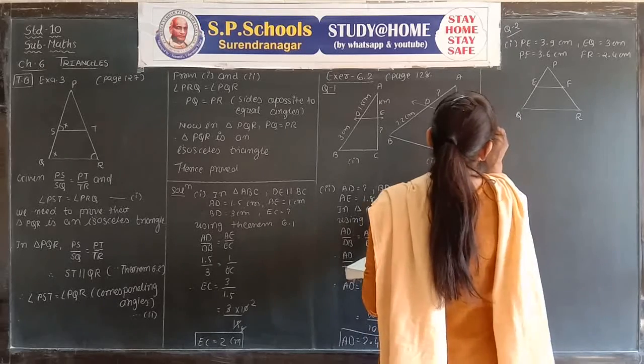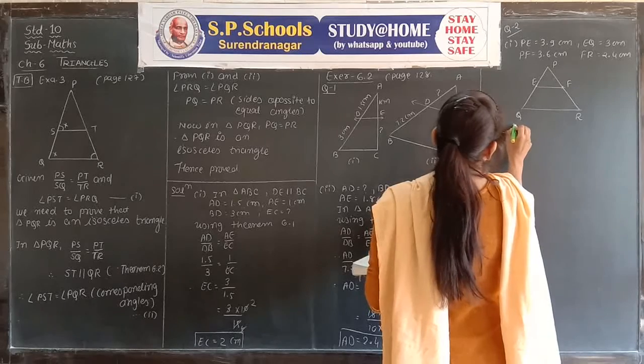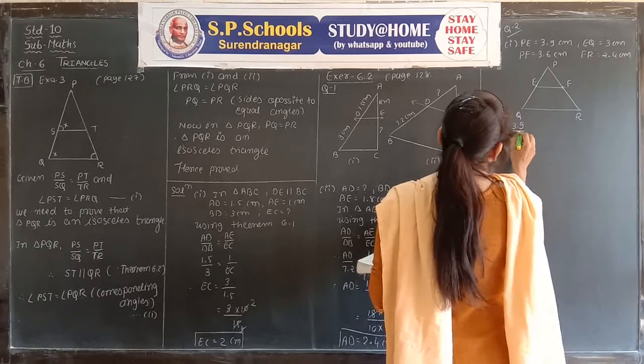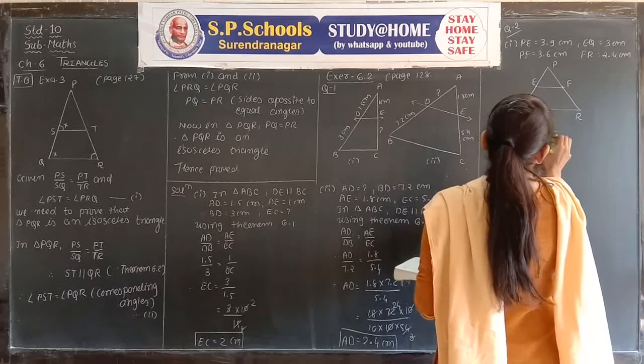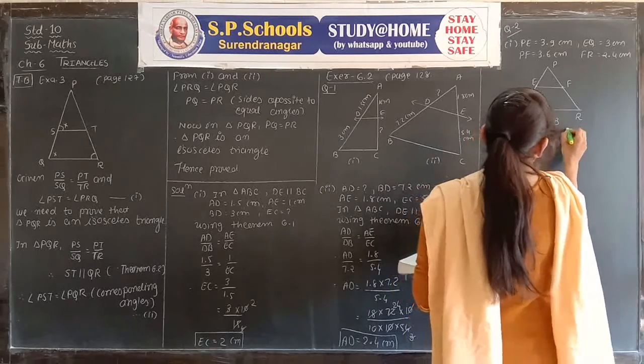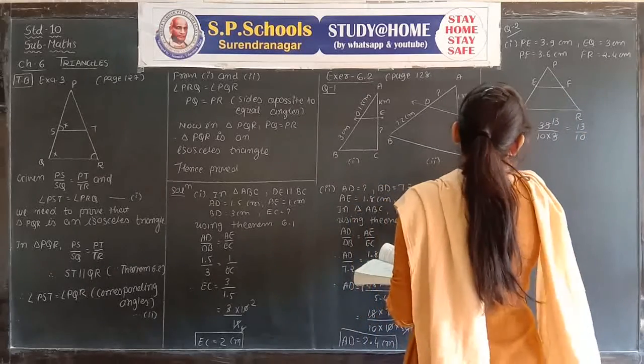First of all, find the ratio PE upon EQ, where PE is equal to 3.9 and EQ is equal to 3. 39 upon 10 into 3, 3 13s are, which is 13 upon 10. The ratio is 13 upon 10.